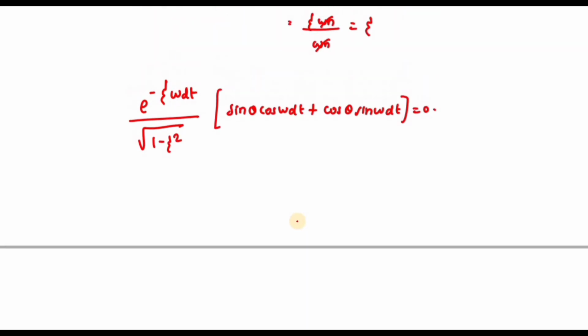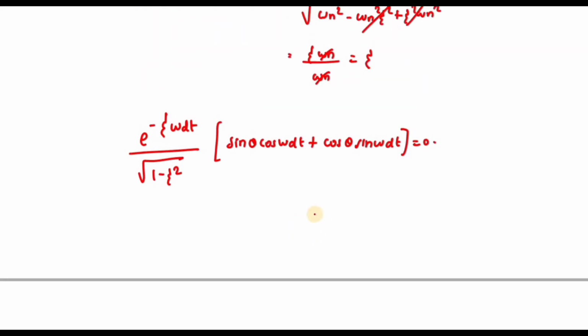So if I equate this to 0, I can write this as sine of omega d t plus theta, since the e power minus term goes to 0, I can write this term as equal to 0, right?